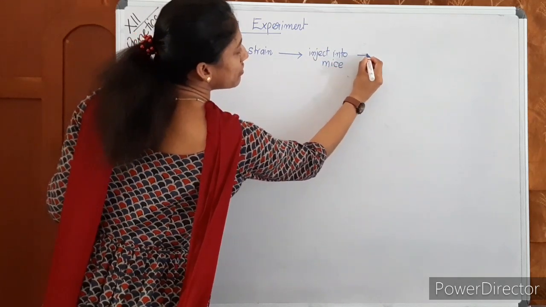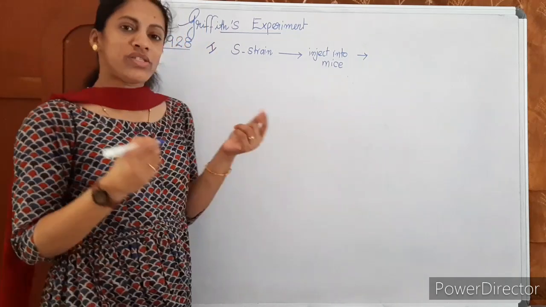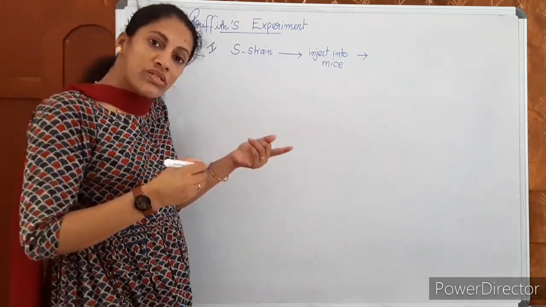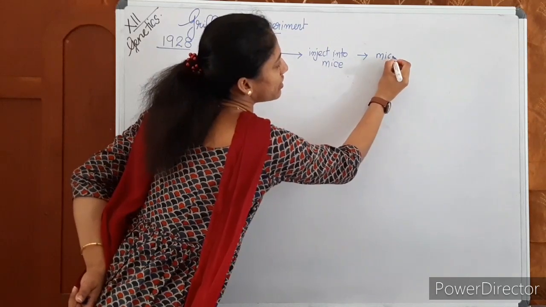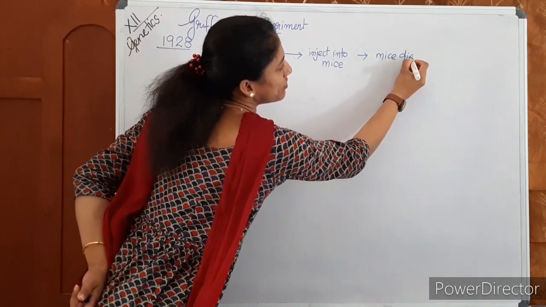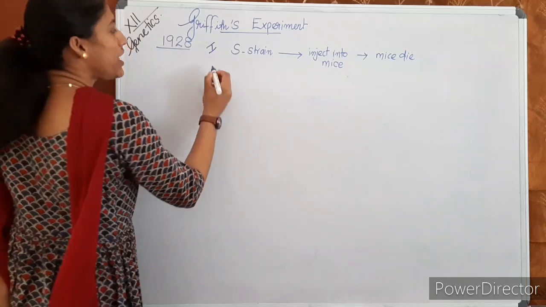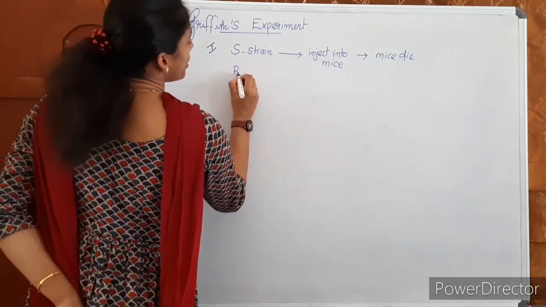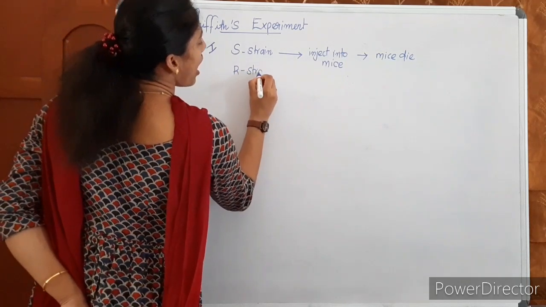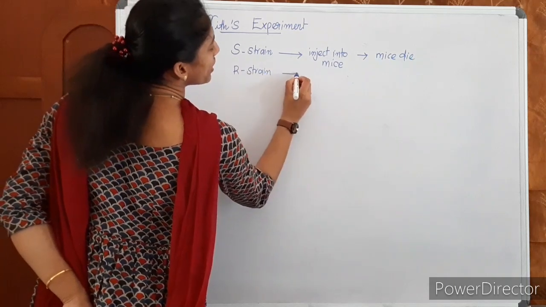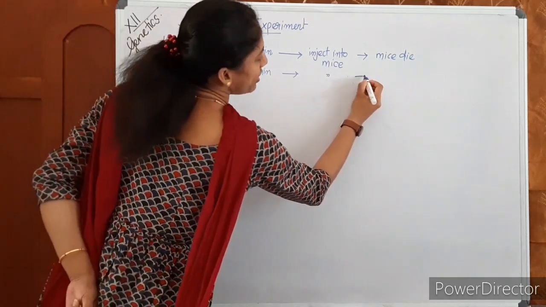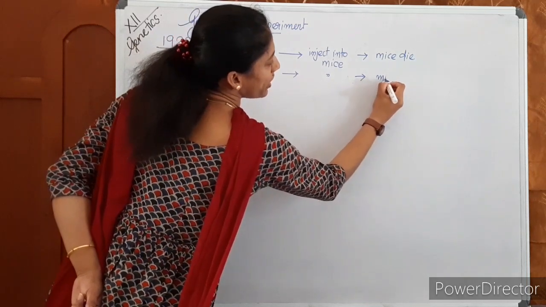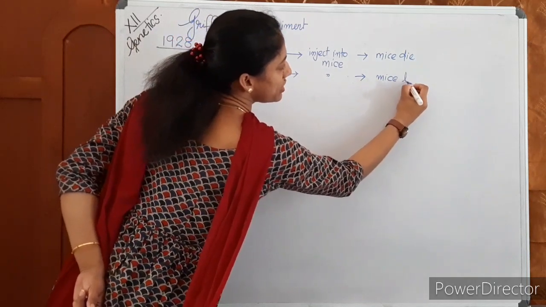What will happen? S strain is virulent, so it caused disease. What happened? Mice died. Then he injected R strain into mice. It is non-virulent. What will happen? Mice lived.